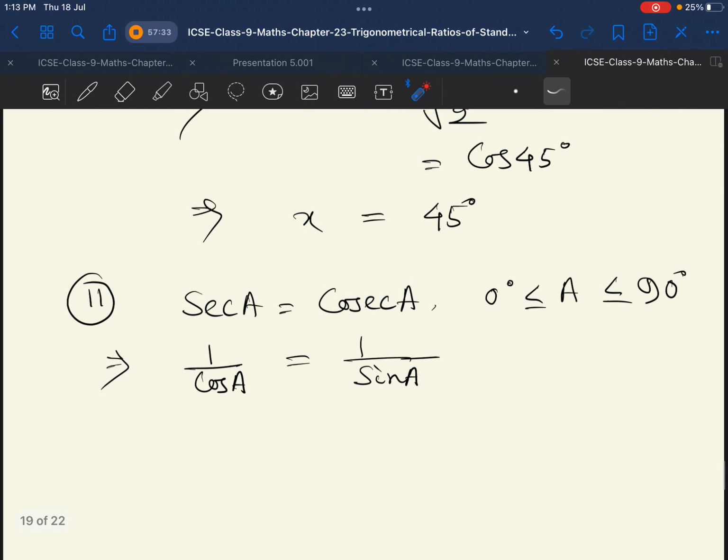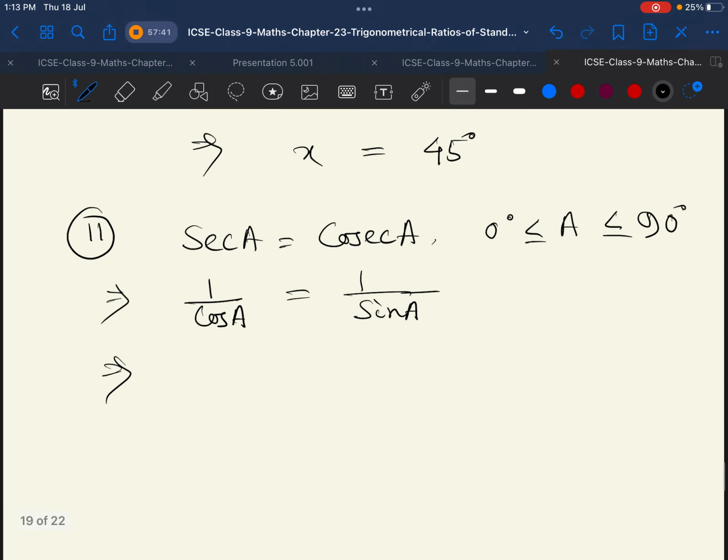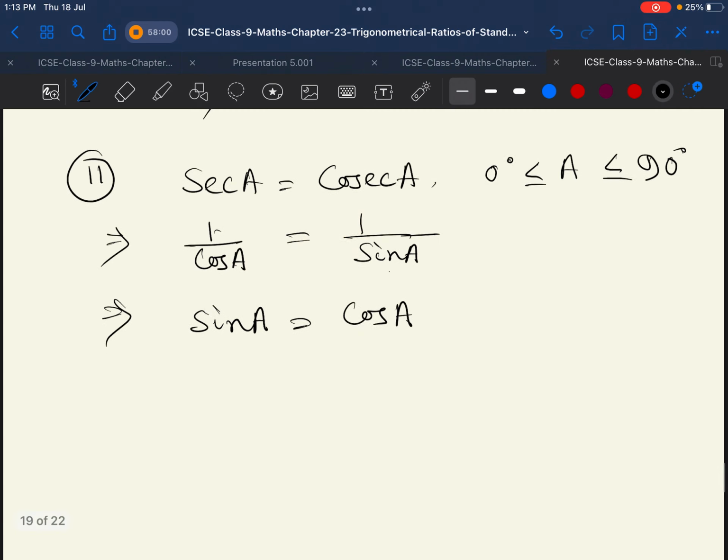Okay, so now we can write here sin A, you see 1 into sin A, so we can write sin A equals to cos A into 1, so we can write cos of A.